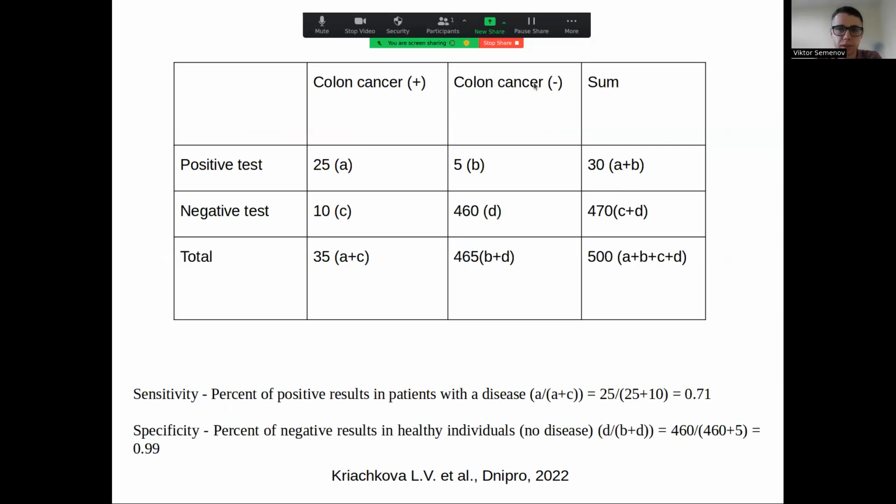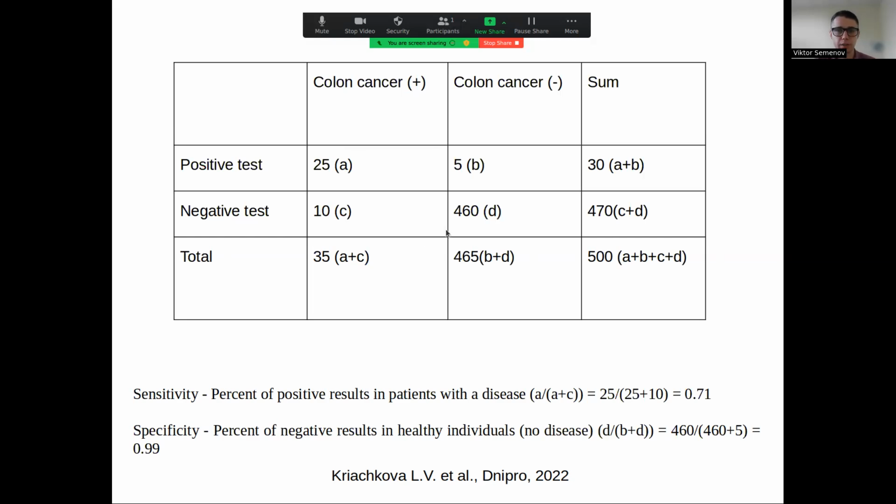So how does it look in practice? Let's say that we've investigated 500 people. Among them, there were 35 with colon cancer, and for 25 of them the result was positive and for 10 it was negative. For 10 people, the diagnosis was missed, which is very bad. So we would like to know how sure we can be that if a person has the disease, our proposed test will catch this disease.